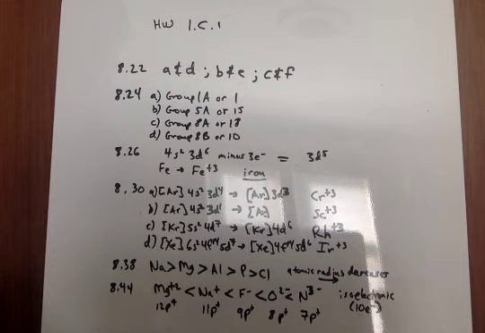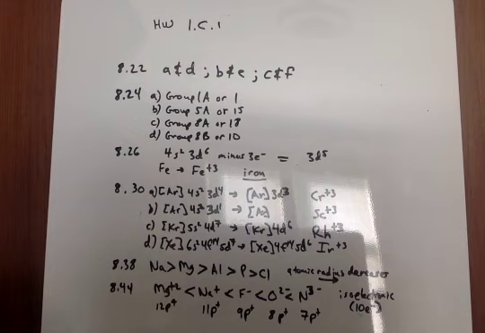So the first two that I'm going to pair up is letter A, 1s2 2s2 2p5, with letter D, 1s2 2s2 2p6 3s2 3p5. They both end in p5, 2p5 and 3p5.